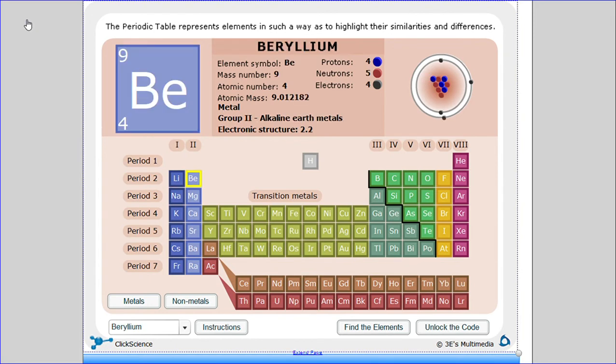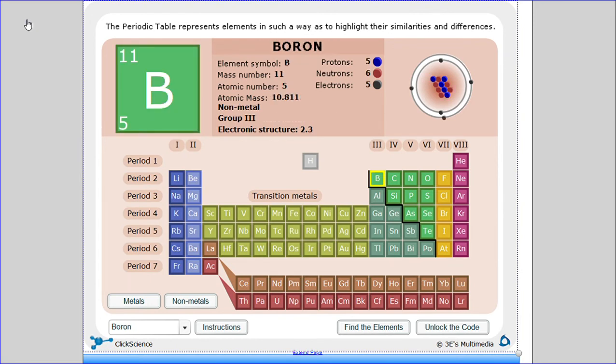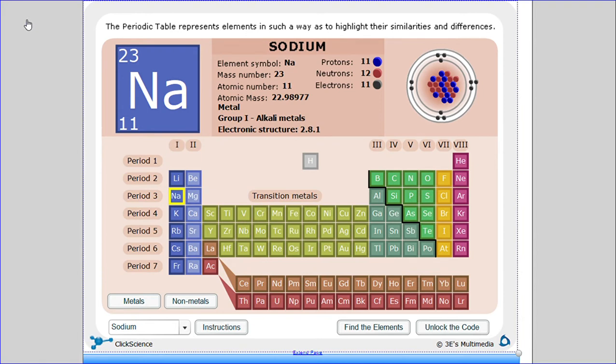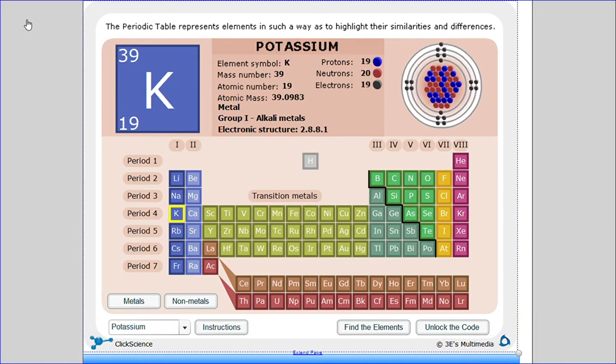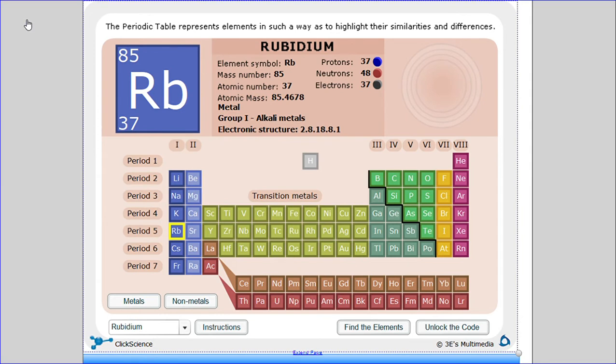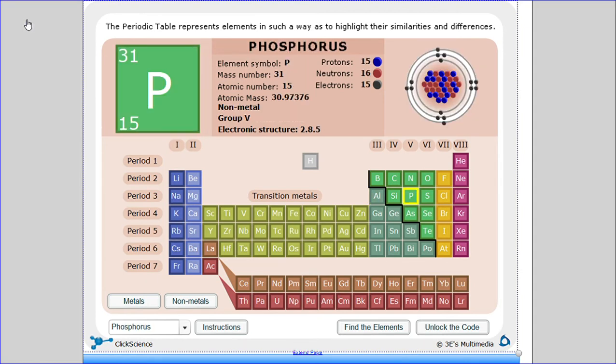As we go through here, hopefully you can see that these are getting larger, right? More are added in as you go left to right, so more protons, neutrons, and electrons get added. The same way if I go down, they get a little bit bigger each time. If I click on rubidium, there's no picture because it starts to look and behave like something different. So all through here, we get this sense of increasing electrons, protons, and neutrons for different elements.